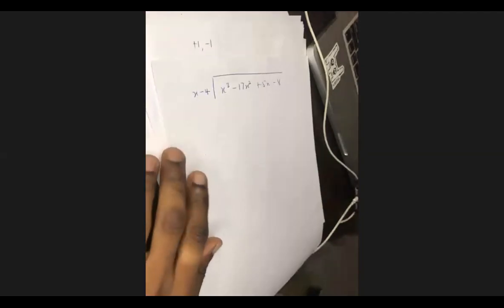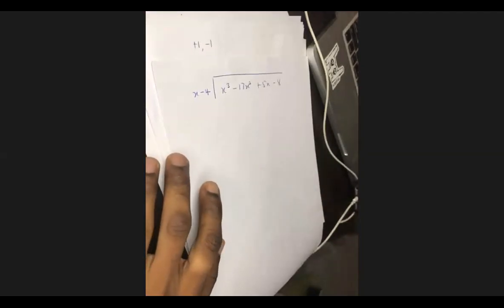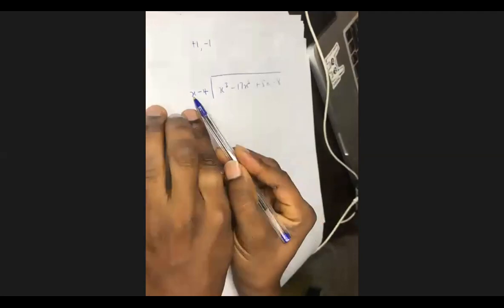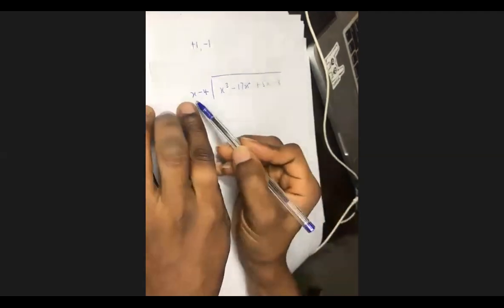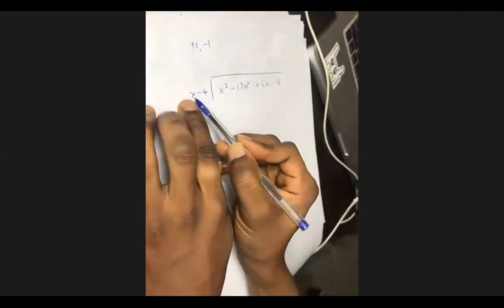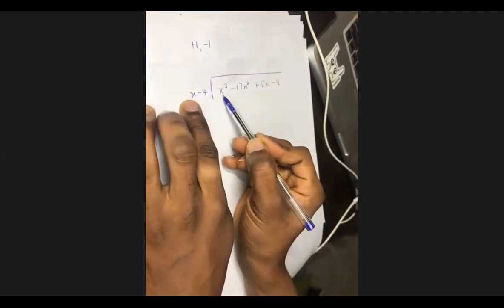So now, let's start dividing. Now, I pick the variable here. Good. Now, that is x. That is x cubed. Do you get it?